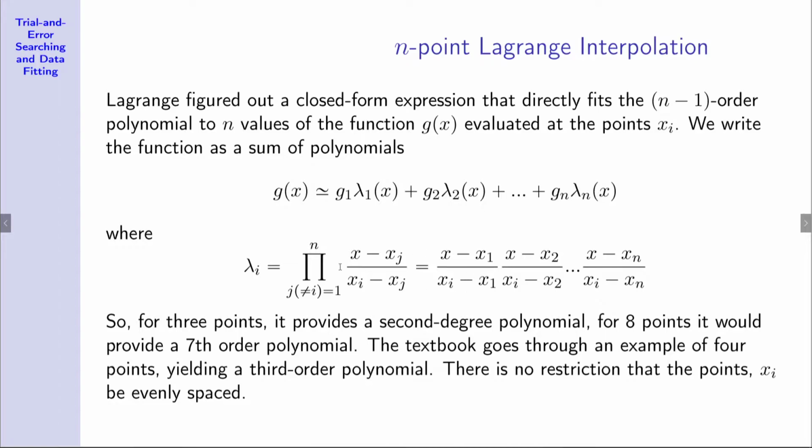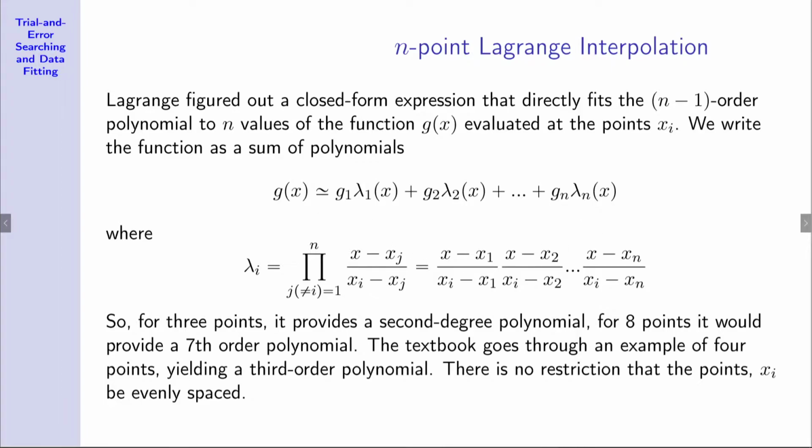What we need to do then is compute each of these terms, and sum all of these terms to get our estimate of our function at that particular x. So that means we need to compute the lambda, and then multiply by the appropriate g value from our tables, and then sum all of those up in order to do the interpolation.